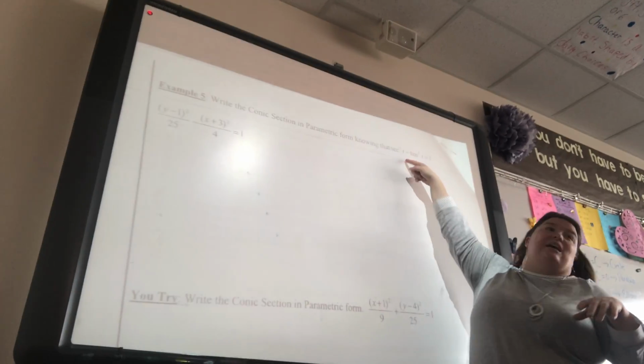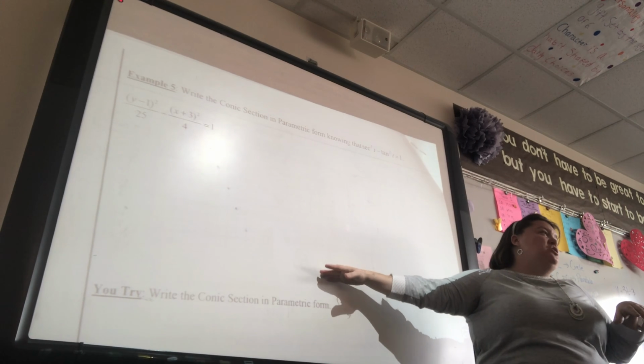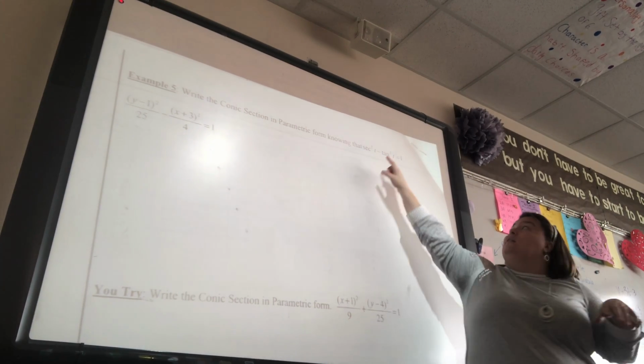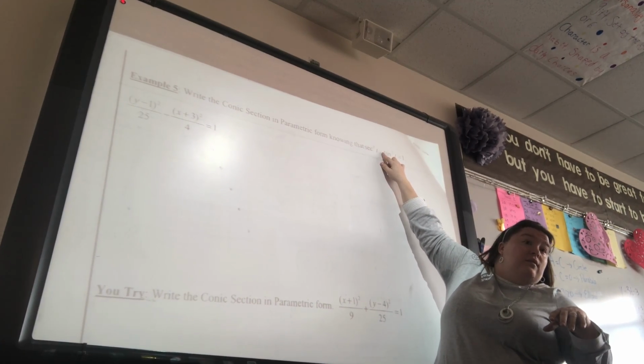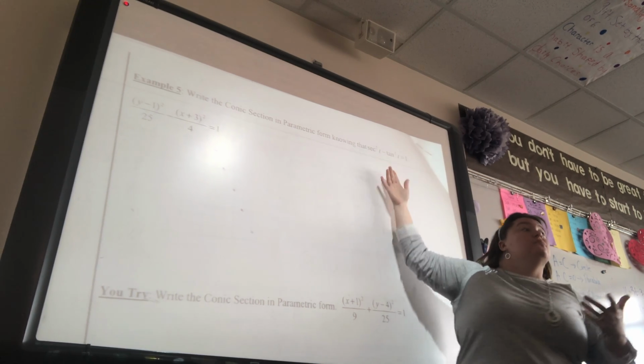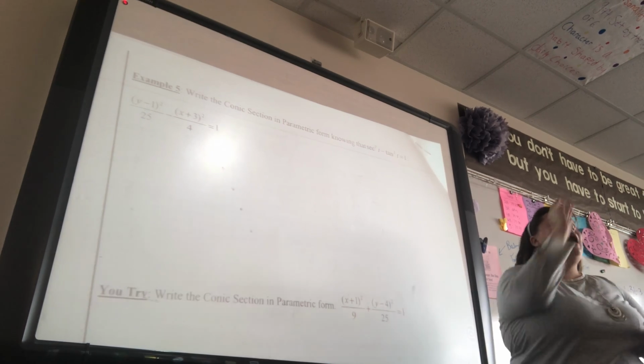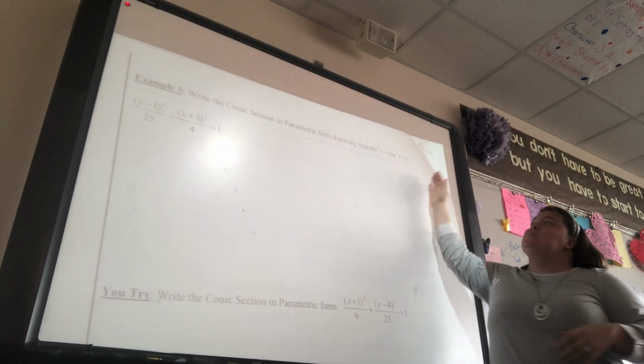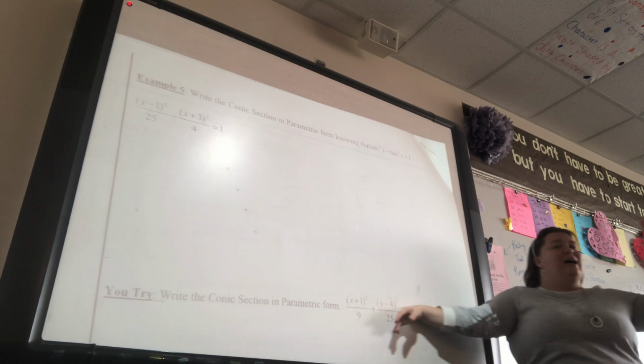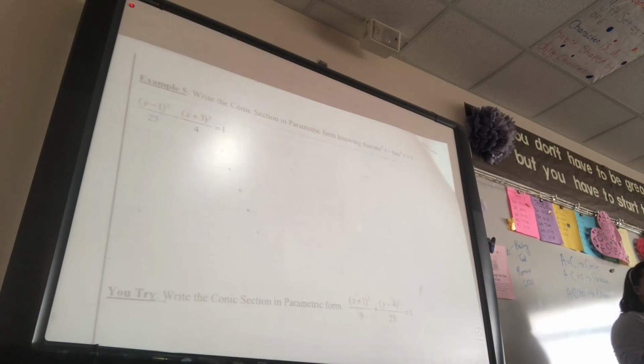What do you think this, if we were to derive it, is going to give me the equation of? Which one subtracts? A hyperbola. This would derive to give me the hyperbola. Don't break my heart like that.